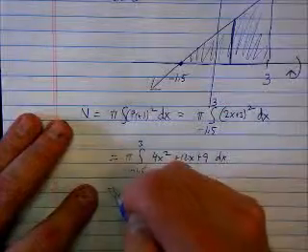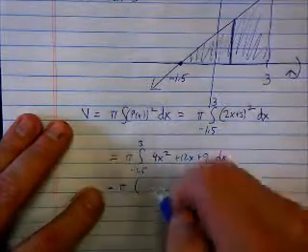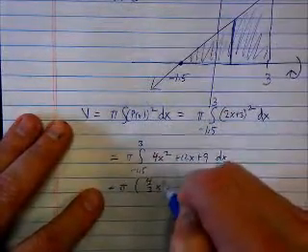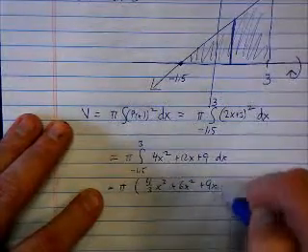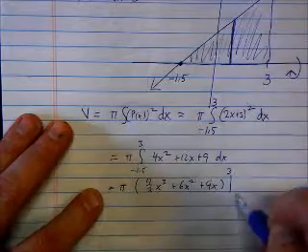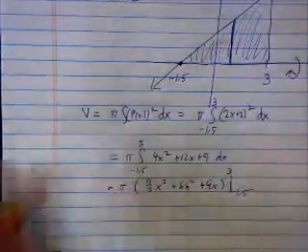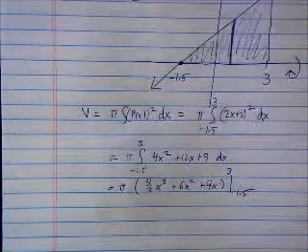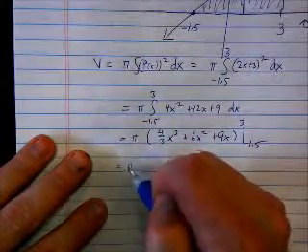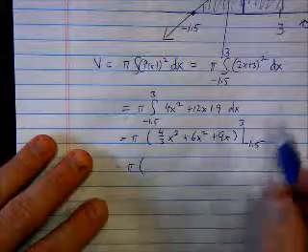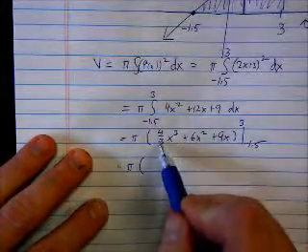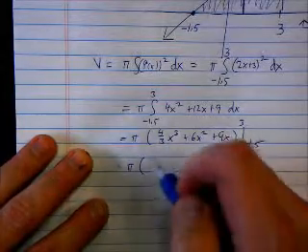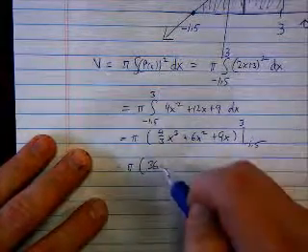Find my antiderivative. That's pi times 4/3 x cubed plus 6x squared plus 9x. And I've got to plug in 3 and plug in negative 1.5. Pi times, let's see, when I plug in 3, 3 cubed is 27, but then 27 divided by 3 is 9, and then 9 times 4 is 36.